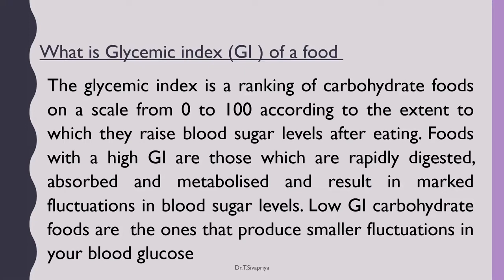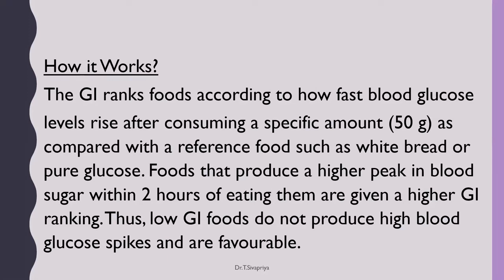Now let us see how this glycemic index works. The glycemic index ranks food according to how fast blood glucose levels rise after consuming a specific amount, that is 50 gram of a test food, as compared with a reference food such as white bread or pure glucose.